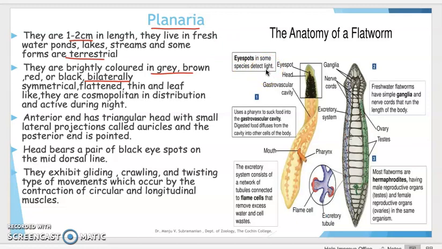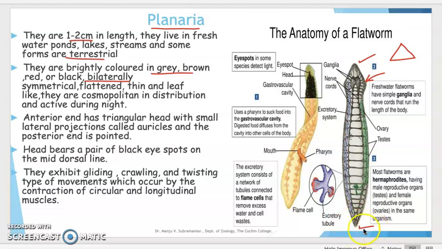The anterior end has a triangular head. You can see here it has a triangular head, with small projections called auricles on both sides. This is the auricle, and the posterior end is pointed.